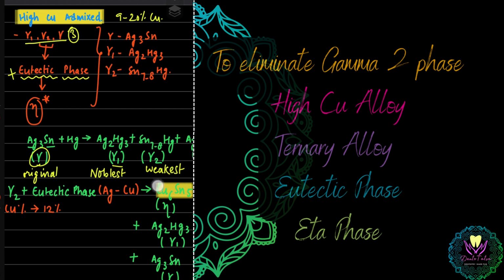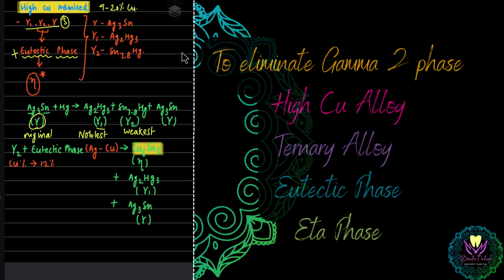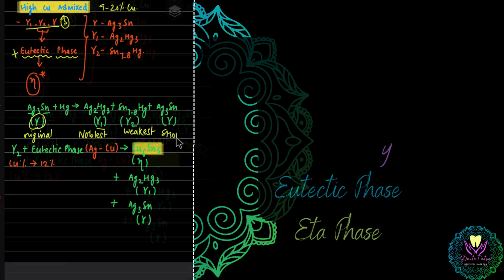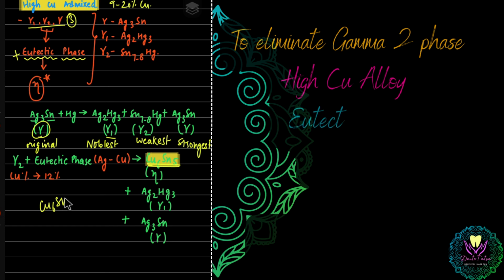Now AgCu is there because of the high copper percentage, which has to be 12%. This eutectic phase will convert the weakest gamma 2 phase into eta phase, that is Cu6Sn5.